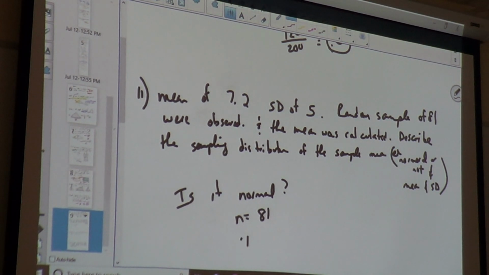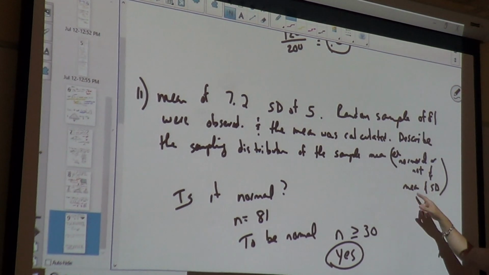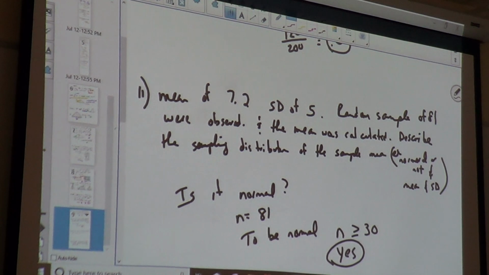To be normal, what does N have to be? Greater than 30. So is it normal? Yes. If this was a P problem, we would have to do those 2 separate formulas. So yes, it's normal. Now, because it's normal, they want me to figure out what is the mean and what is the standard deviation.